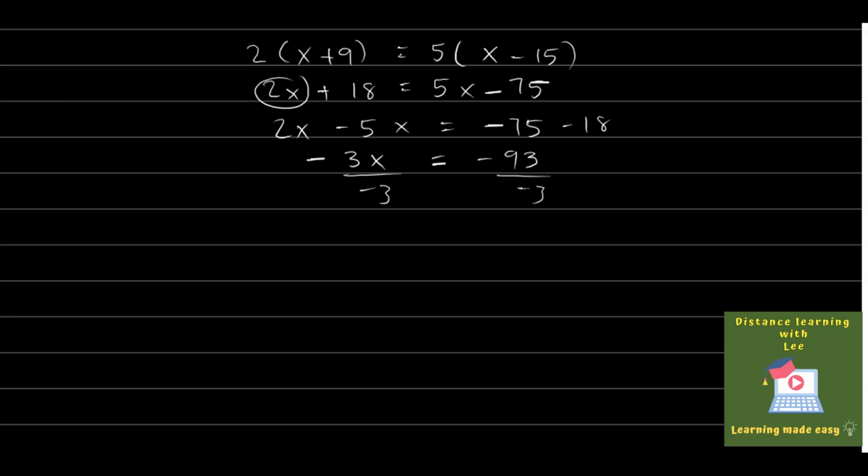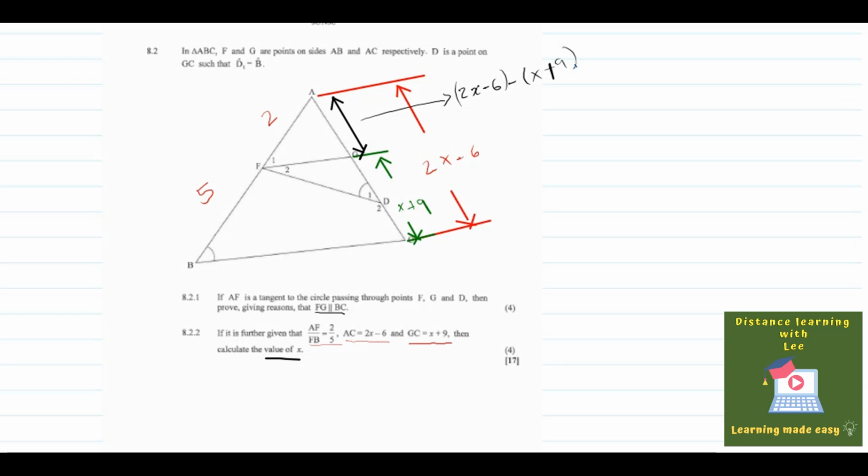It is very important for us to realize for question 8.2.2, for us to be able to calculate the value of x, that we're working with the proportionality theorem. And you have to know what the proportionality theorem states, right?